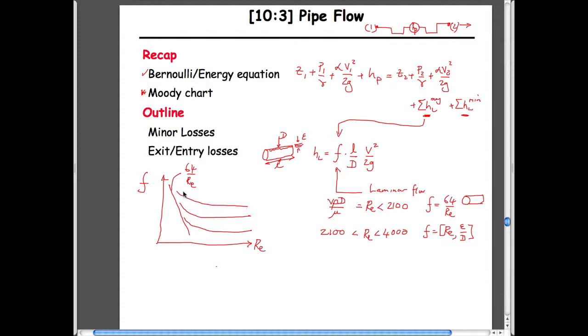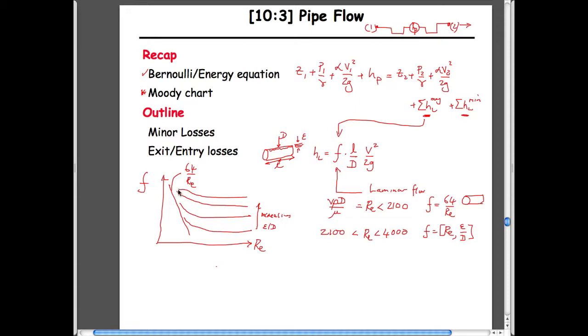And so if you remember these different responses, what was going on? So this was for increasing roughness. Okay. And so as you get rougher pipes, you see two things.